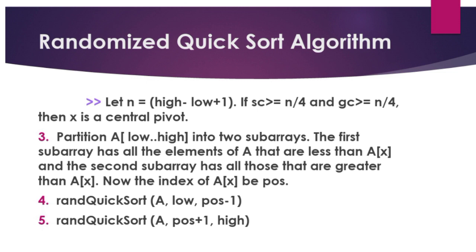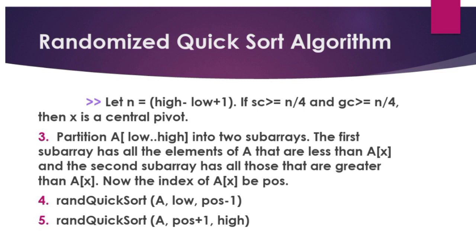Like that, check whether count of greater numbers is also greater than or equal to n by 4. If both conditions become true, then x is the central pivot element. If it becomes false, it goes to next iteration and chooses next random index as x and performs the same operation. When it gets a central pivot element, we will exit from step 2 and go to step 3.